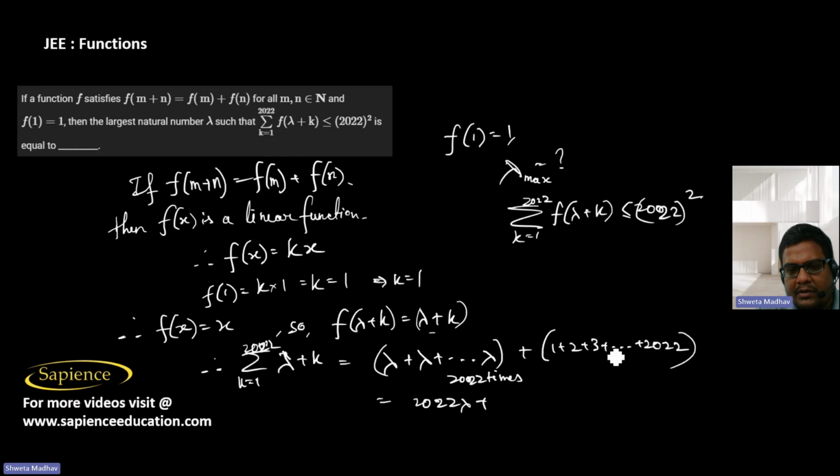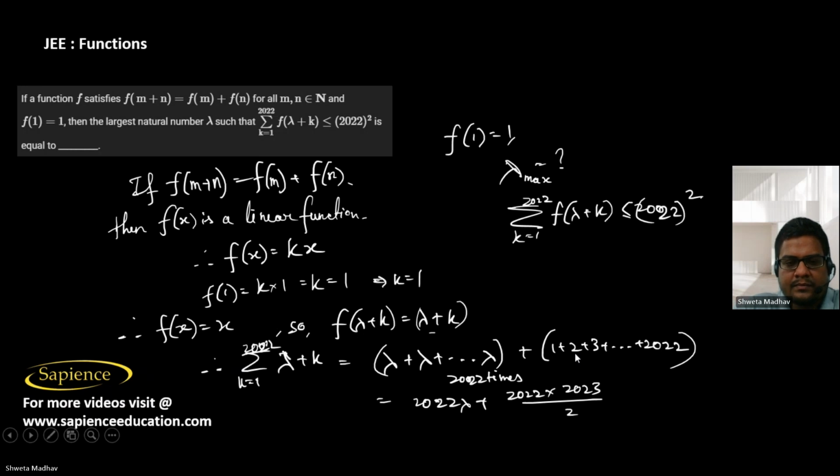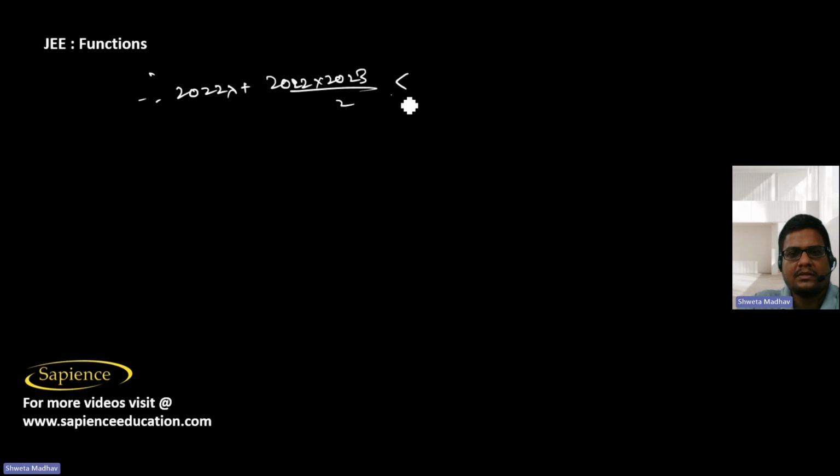It is an AP, so I can say n into n plus 1 by 2, so 2022 into 2023 by 2. Now therefore this 2022 lambda plus 2022 into 2023 divided by 2 should be less than or equal to 2022 power 2.